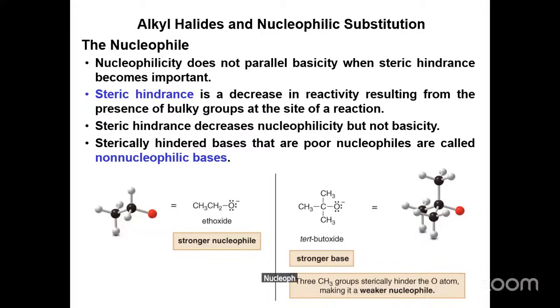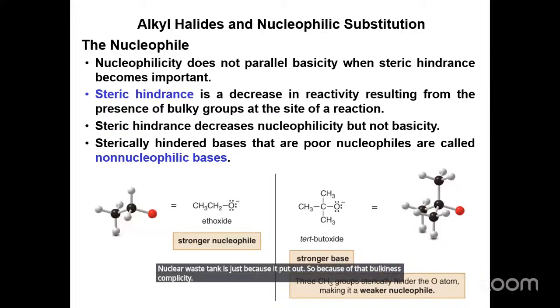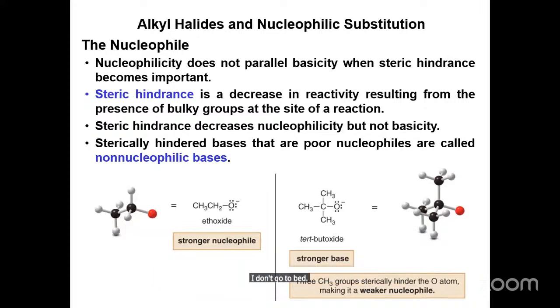Nucleophilicity does not parallel basicity when steric hindrance becomes important. Because of that bulkiness, nucleophilicity and basicity cannot go together. So you have that ethoxide is a stronger nucleophile, but butoxide is a stronger base.